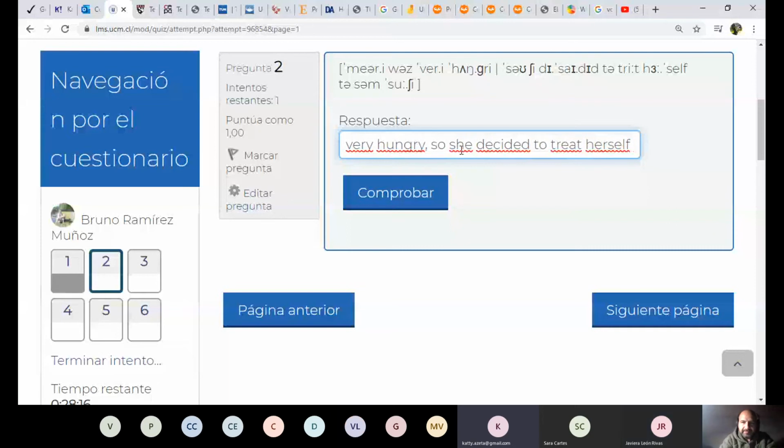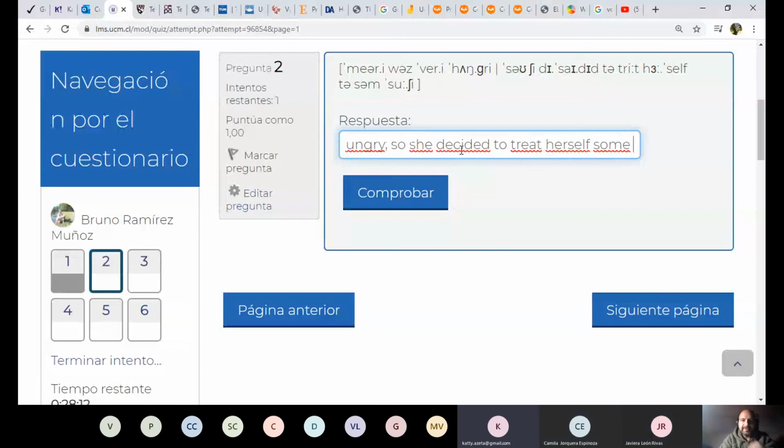Herself some sushi. To some. Is it to some or not? To treat herself to some? Anything else?